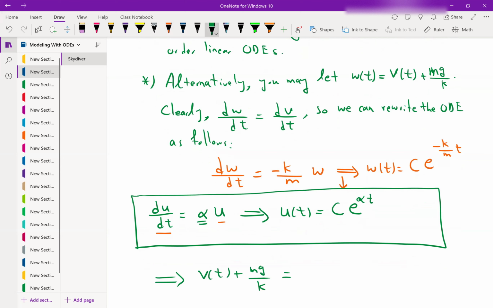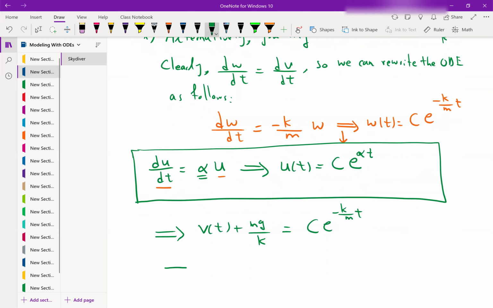So this is c e to the power of negative k over m t. And so immediately I can conclude that V of t, the velocity that I was interested in, is negative mg over k plus c e to the power of negative k over m t.